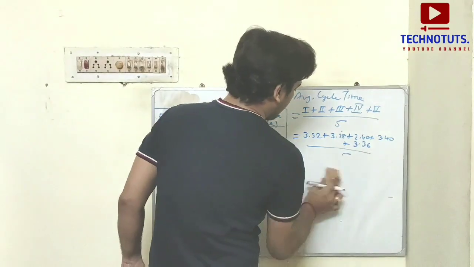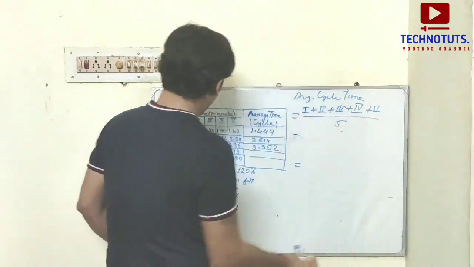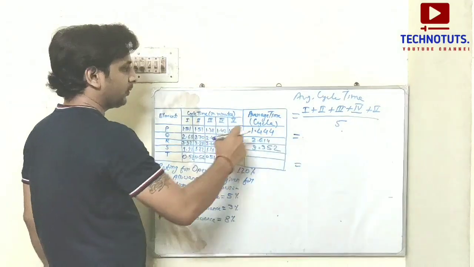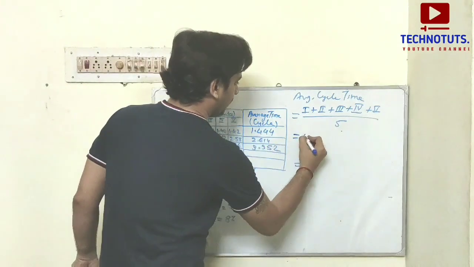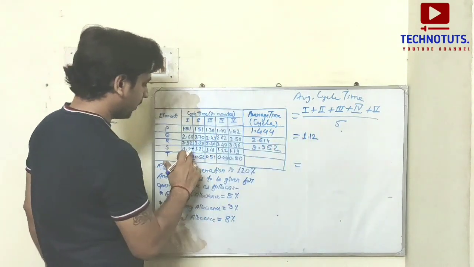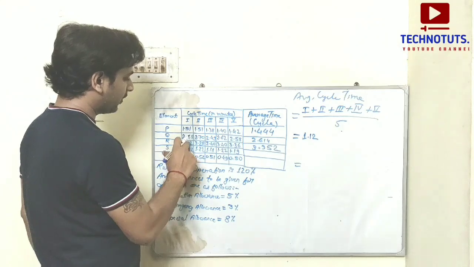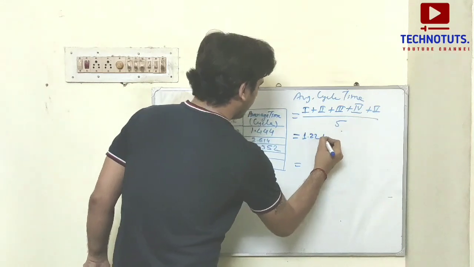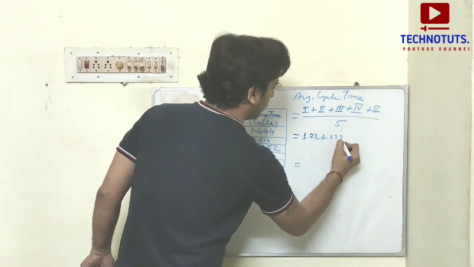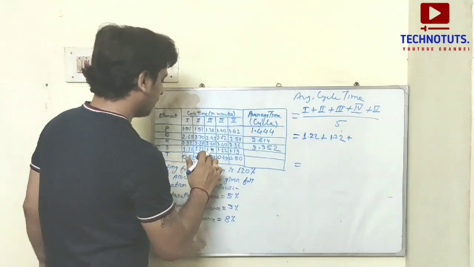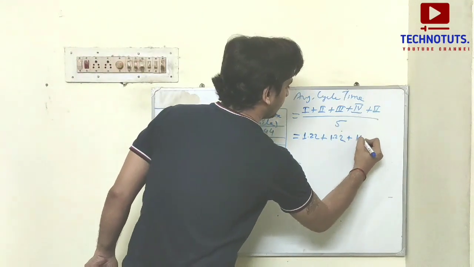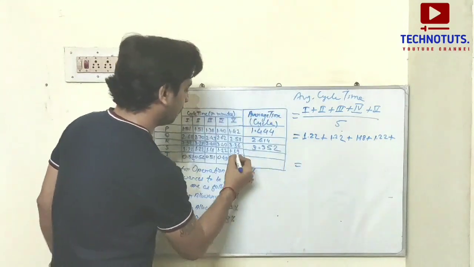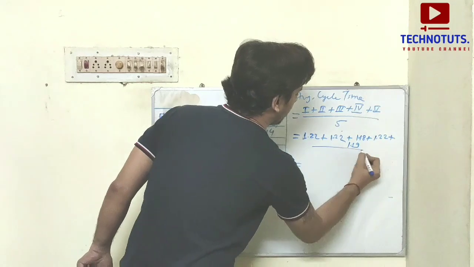Let us calculate the average cycle time for element S. Putting the values in this formula, the first cycle time is 1.22, plus second is 1.22, plus third is 1.18, plus fourth is 1.22, plus fifth is 1.19, divided by 5.